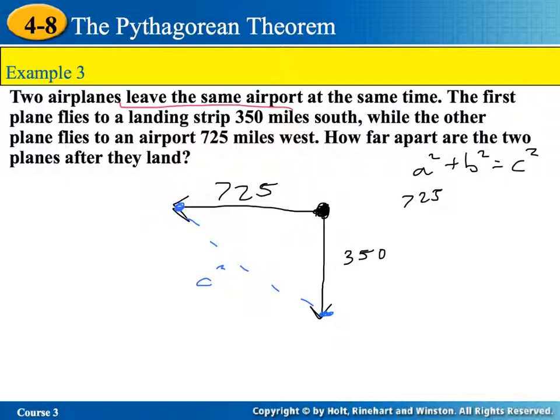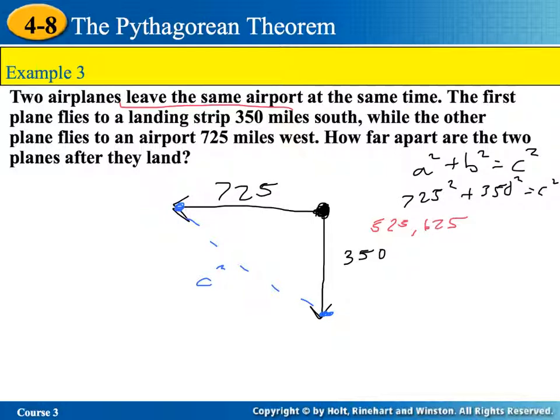725 squared plus 350 squared equals c squared. Okay? Now, 725 squared. Anybody know that off the top of their head? I do. It's a really big number: 525,625.